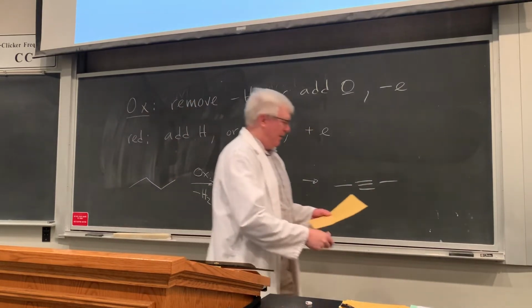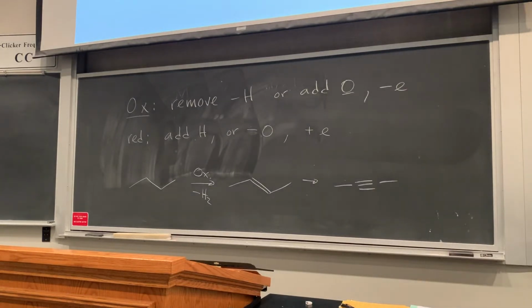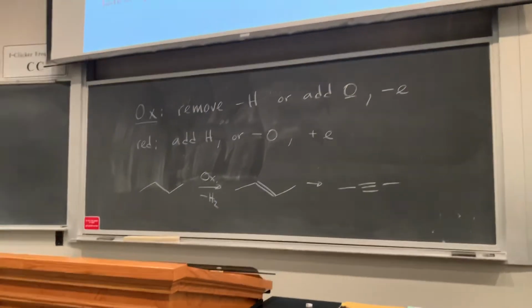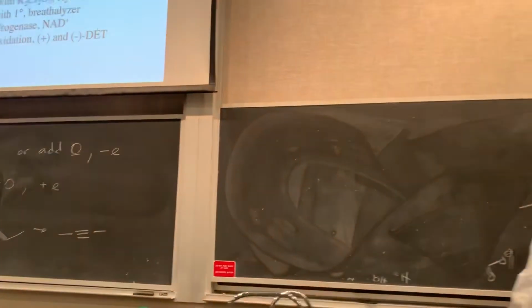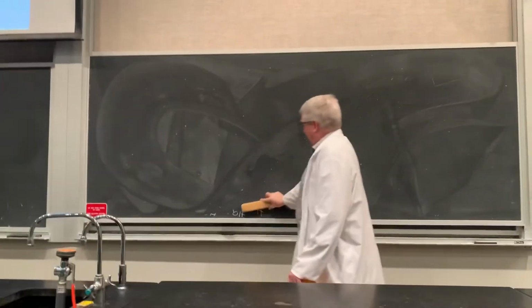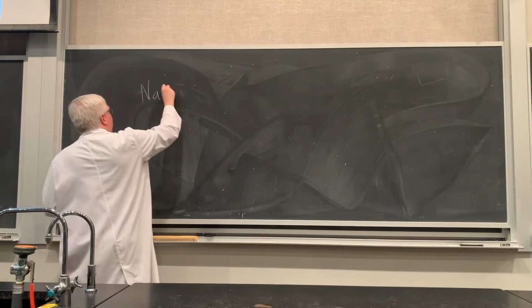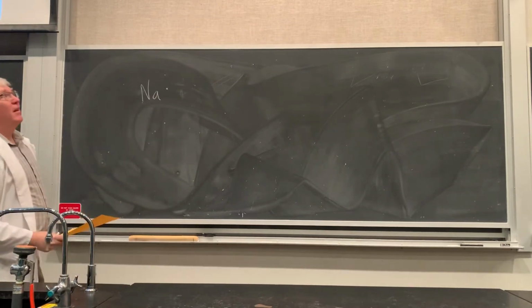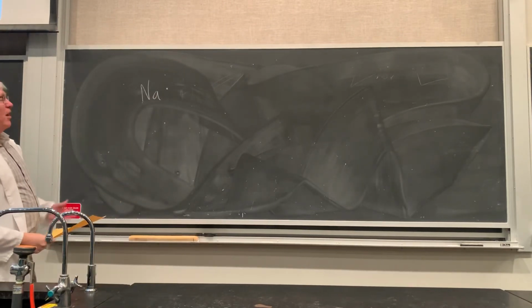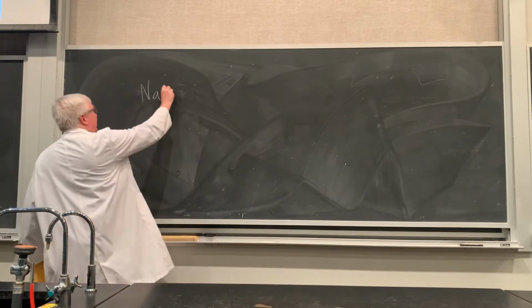Let's look at the Gen Chem example here with metals. Maybe do the example with sodium chloride. Sodium in its elemental form would look like this, right? It's a first row element, it's got one valence electron, and that's it.